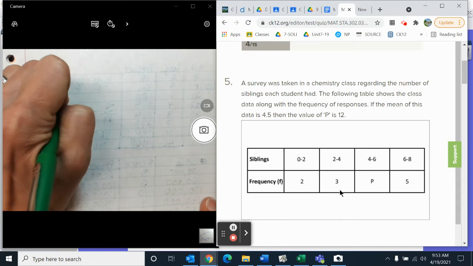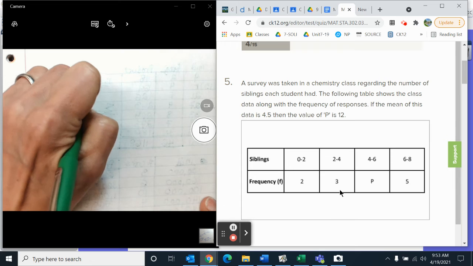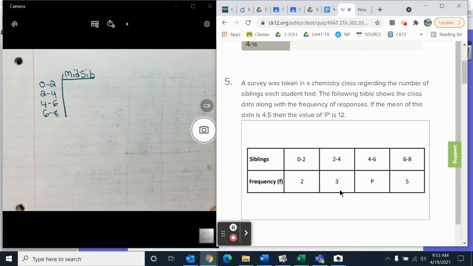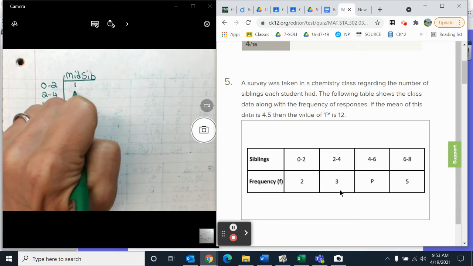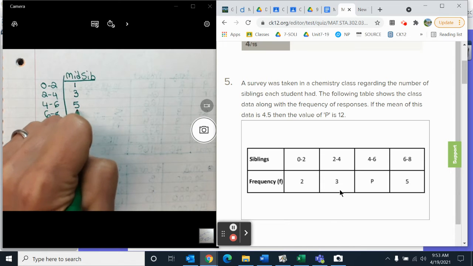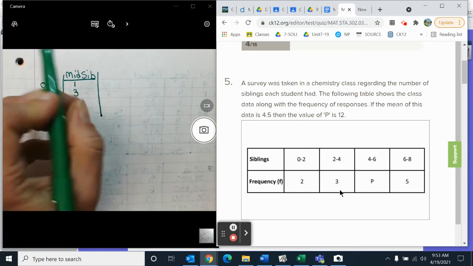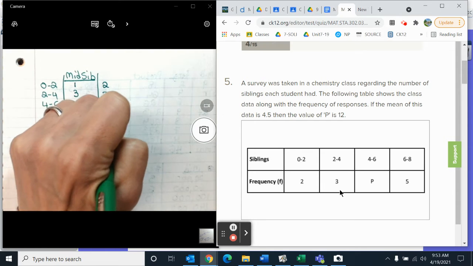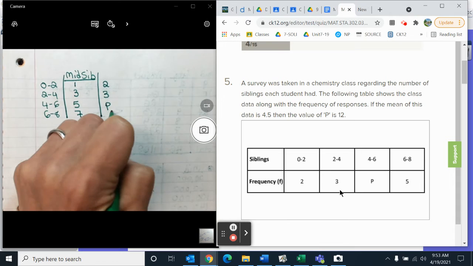But the number of siblings, the mid-siblings, I'm just going to use mid and sib as abbreviation. This would be 1 sibling, 3, 5, and 7. And then we have frequencies of 2, 3, P, which we're trying to find, and 5.